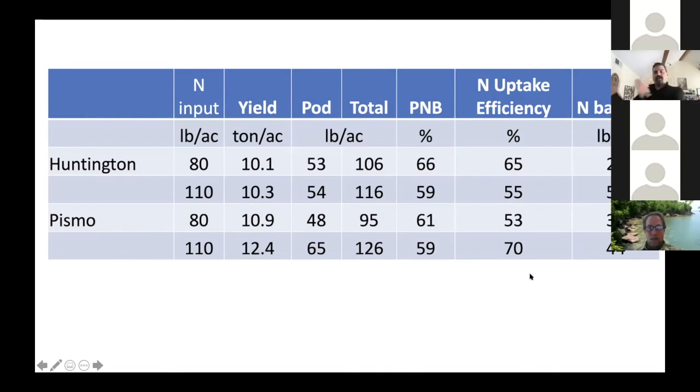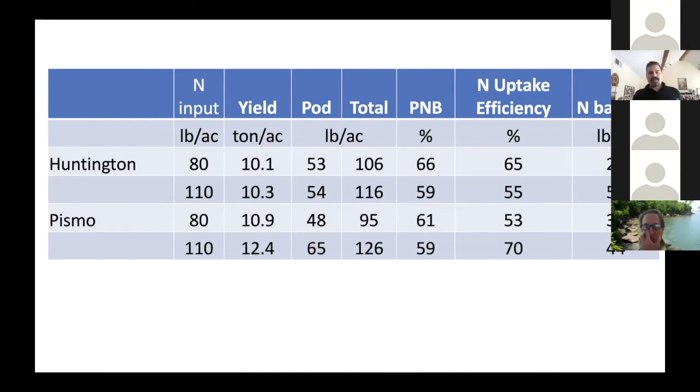But cutting to the end of the page here for the nitrogen balance, generally speaking, at economically optimum ranges, we're seeing less than 40 pounds. What we're seeing with 80 pounds of nitrogen, 26 pounds from a nitrogen balance. That's pretty low relative to all the other crops we've looked at.